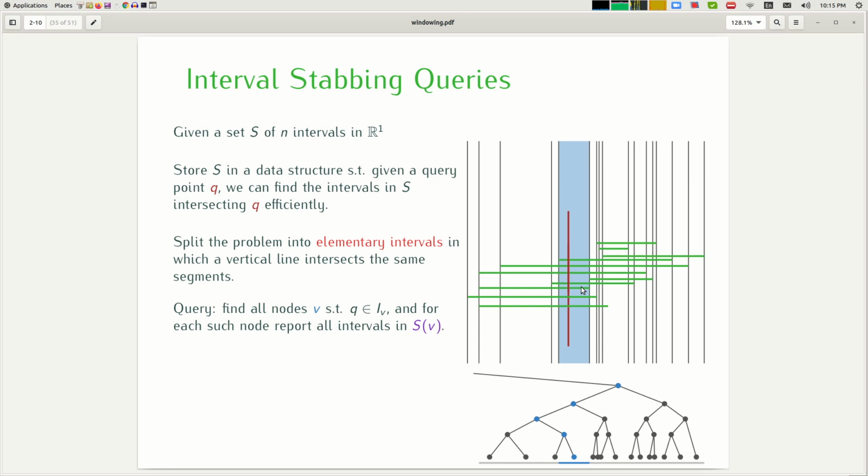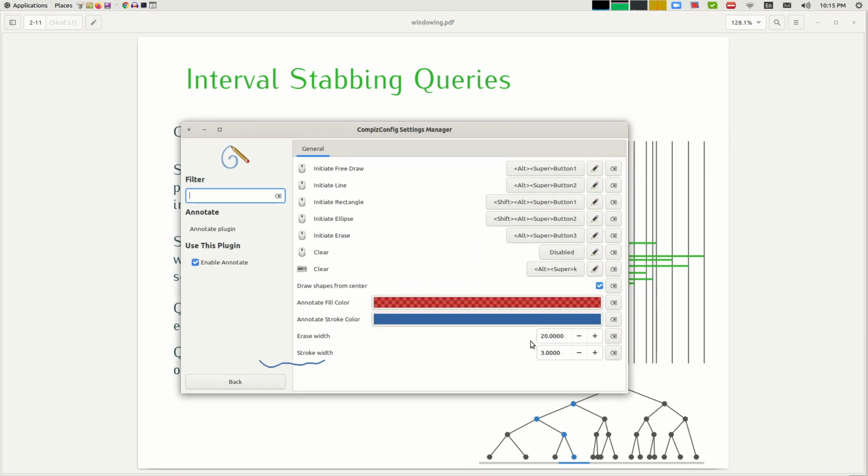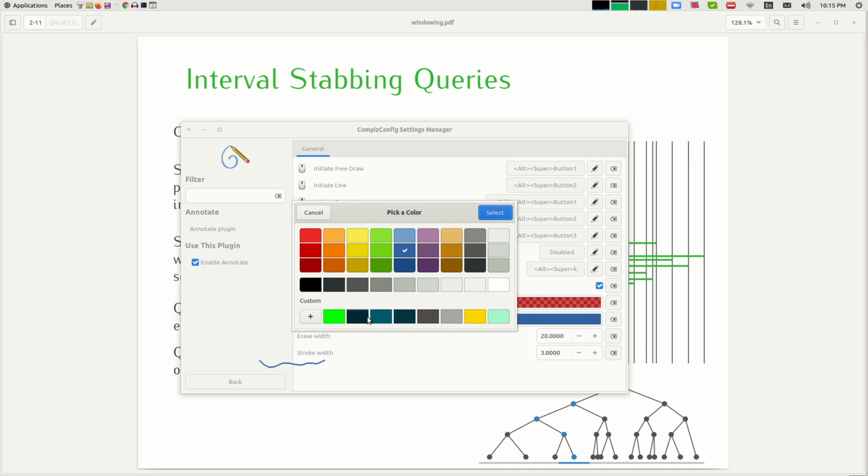One way to see this is to look at the queries that we want to answer. I want to claim that it is relatively easy to get a good query time to find all the line segments intersecting a vertical line segment here, even if the input line segments are not horizontal. Let's try an example.